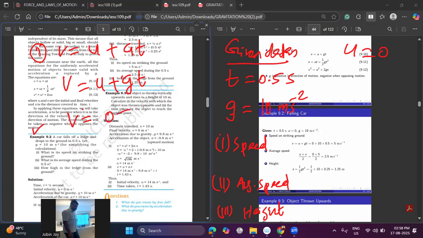So v is equal to 0 plus the value of g, 10, into time, 0.5 seconds.